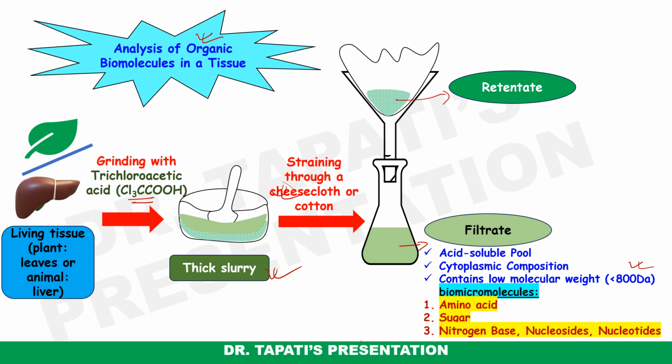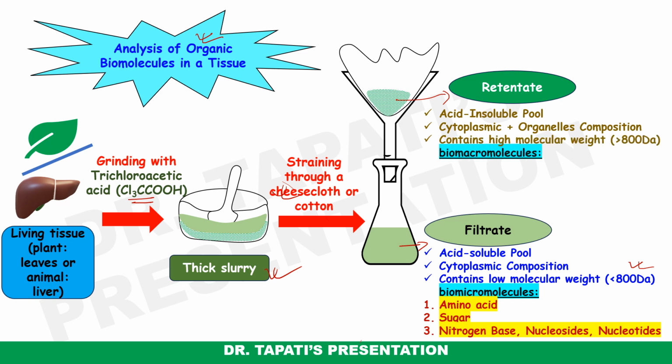Whereas if you consider the retentate, in that case it is actually the acid insoluble pool containing cytoplasmic and organelle composition. It contains high molecular weight biomacromolecules, that means molecular weight higher than 800 Dalton, including protein, polysaccharides, nucleic acids, that means DNA and RNA.